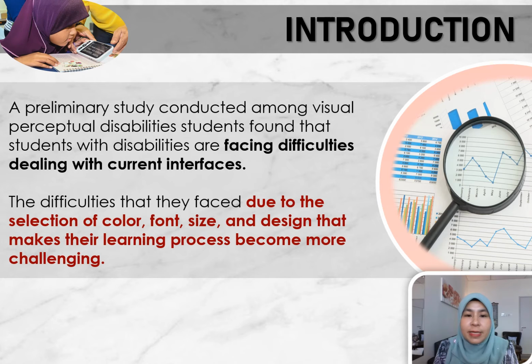A preliminary study conducted among visual perceptual disability students found that they are facing difficulties dealing with current interfaces. These difficulties are due to the selection of color, font, size and design that makes their learning process more challenging. These difficulties lead to the ineffectiveness of teaching and learning among them.